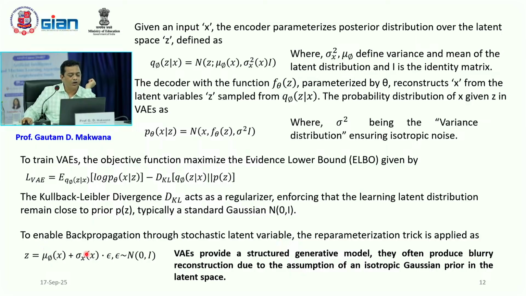To enable backpropagation through the stochastic latent variable, the reparameterization trick is applied, which is given by this equation. VAEs provide a structured generative model because of the probability distribution, but they often produce blurry reconstructions due to the assumption of an isotropic Gaussian prior in the latent space.